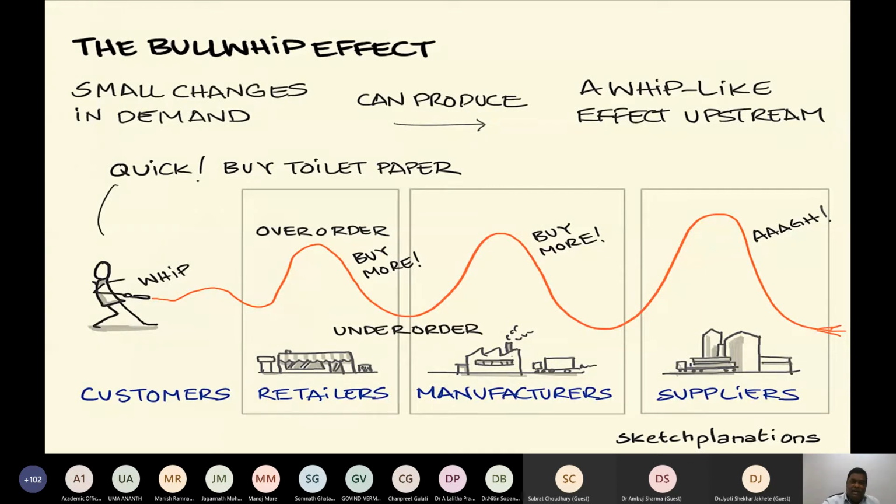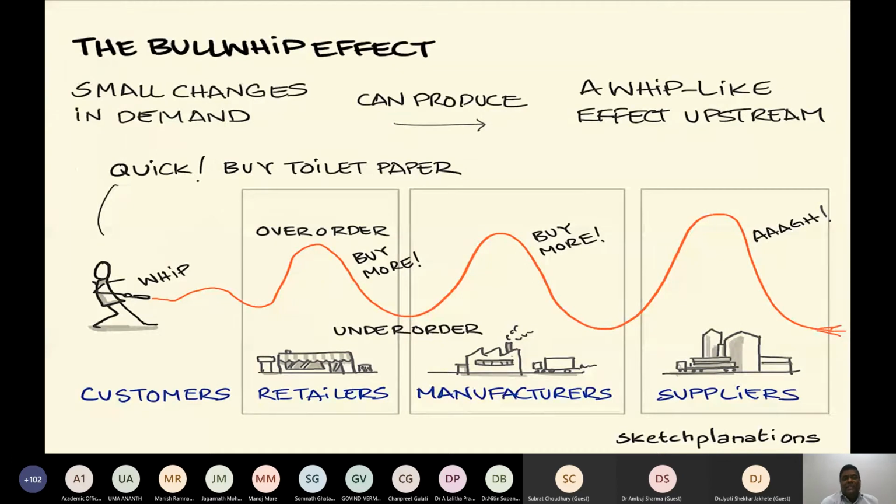This will have higher impact as you go from customer to supplier. This is called the bullwhip effect, which means it will affect the whole inventory and the planning. All the planning will go awry. The reason is suddenly the retailers would start to order more.